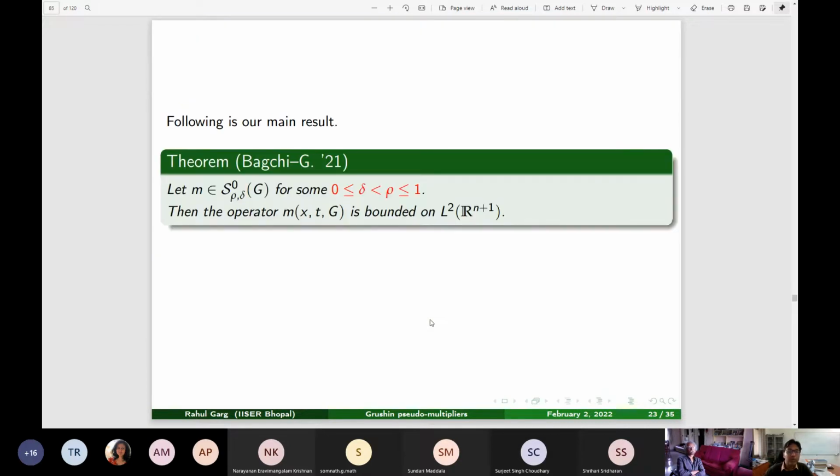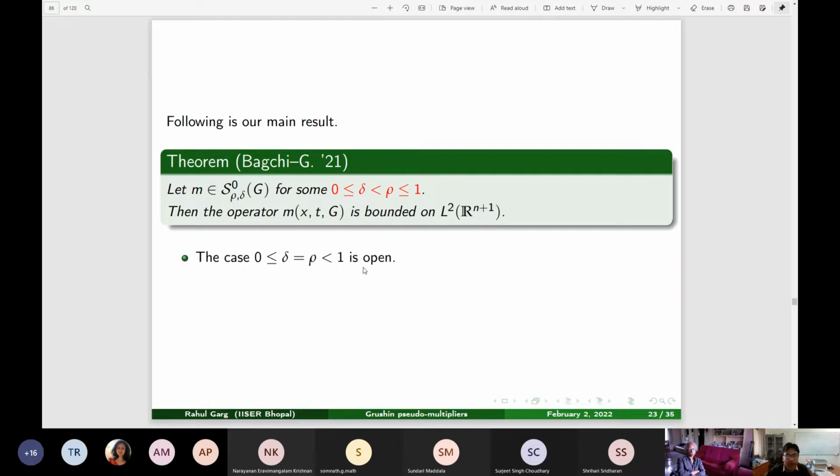This is our result. We could prove that if you take S^0_{rho,delta}, it's an analog not of Calderon-Vaillancourt but rather of Hormander's result: if you take delta strictly less than rho, then we have L2 boundedness.